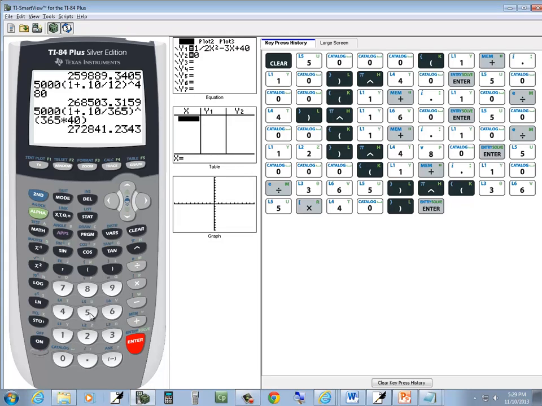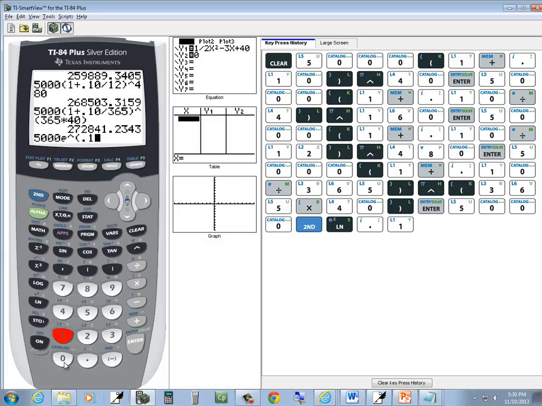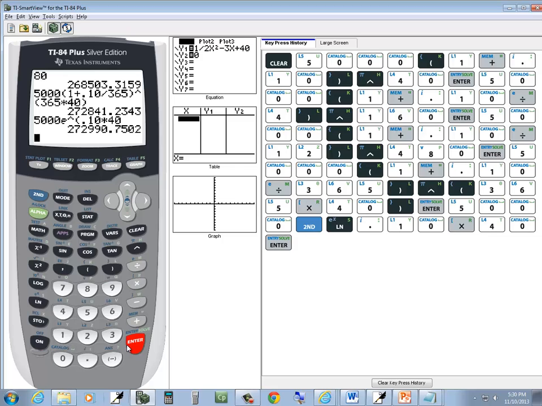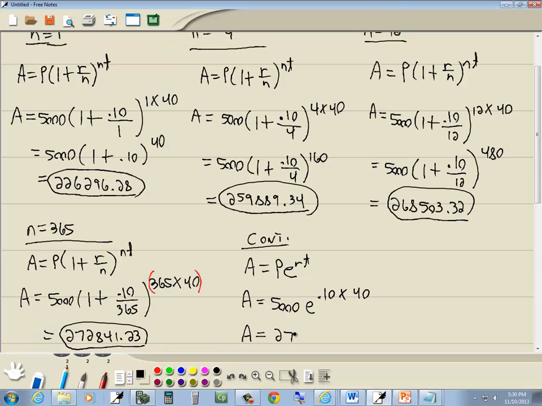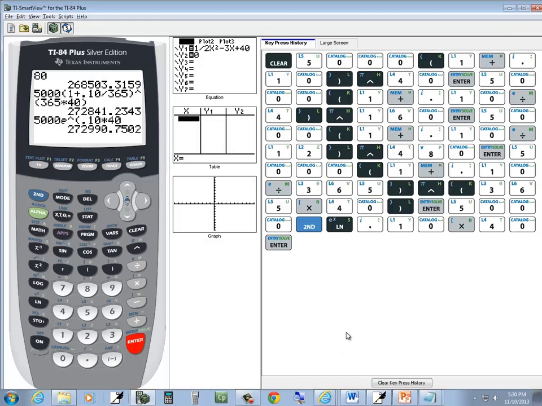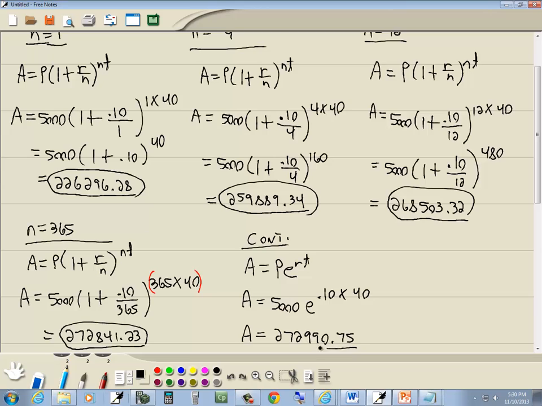So we got 5,000, second natural log ln, then 0.10 times 40. And press enter. And we get $272,990.75. And those would be our 5 answers.